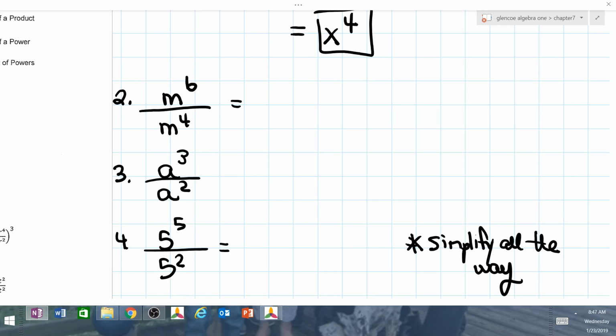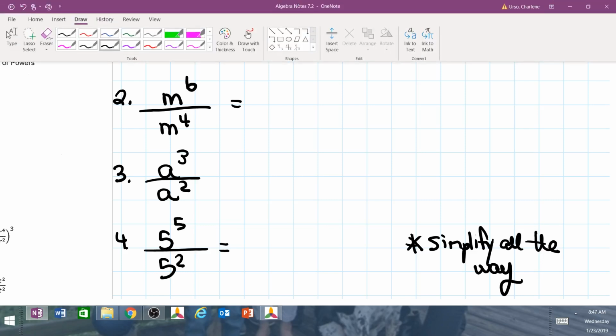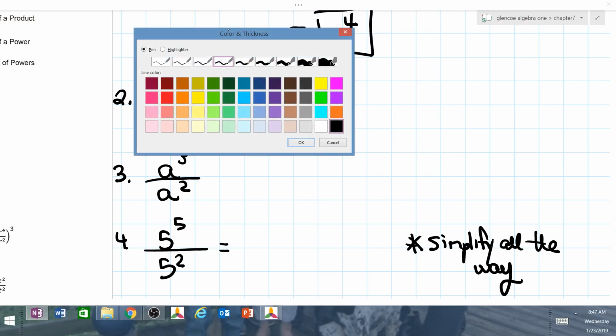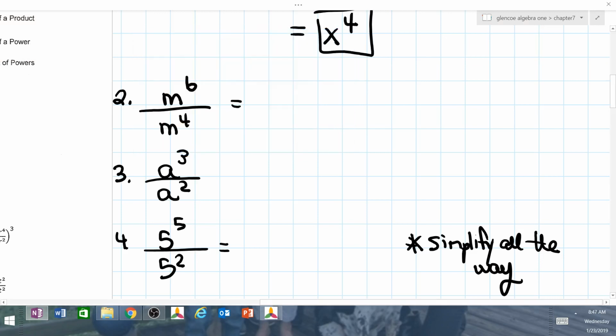All right, so let's look at our second example here, guys, and let's see what we've got. M to the 6th over m to the 4th power. Our rule says a to the m divided by a to the n is a to the m minus n. So this would become m to the 6 minus 4, or what did y'all get for an answer? M to the 2nd power. Good job.